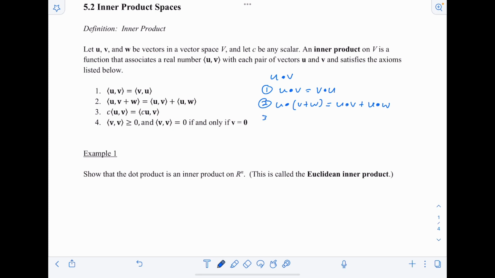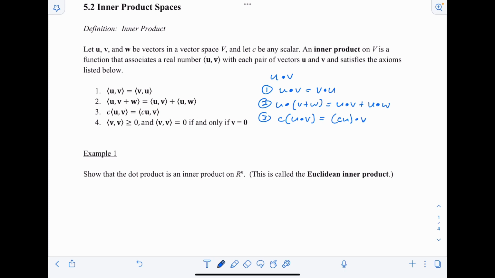Number 3 says that I can take a scalar and multiply it by the dot product. So I'd find the dot product first and then multiply it by the scalar. Or I should be able to multiply vector u by the scalar and then take the dot product. So this would simply be c times (u dot v), or (c times u) dot v.